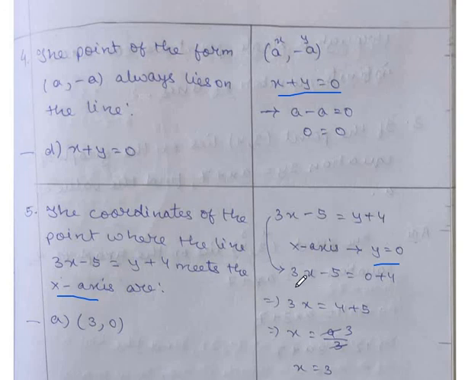So it will be 3x minus 5 equal to 0 plus 4. 3x equals to 4 plus 5, which is 9. 3 goes down, cancellation, x comes out 3. Since this line meets the x-axis, the respective point will be 3 comma 0. X-axis means y is 0 and x after calculation I got 3. So A is the right option, 3 comma 0.